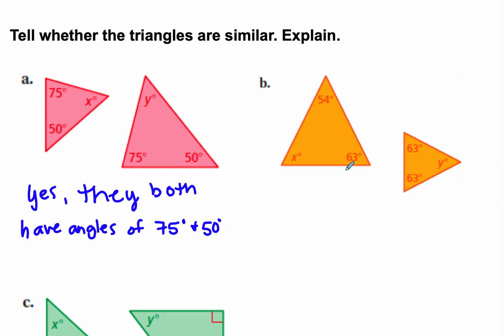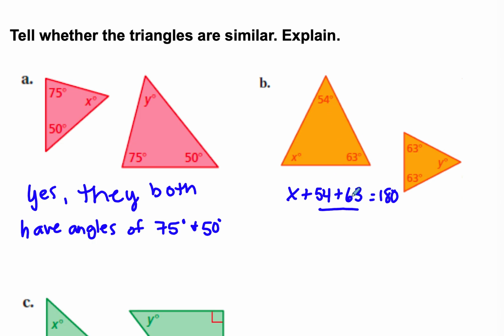There are a couple different ways we can do B. We know that they have one angle in common, 63 and 63, but we're not sure if they have another one in common. We have to figure it out. So let's go ahead and find this missing value. I'm going to do X plus 54 plus 63 equals 180 because these three are in a triangle together.